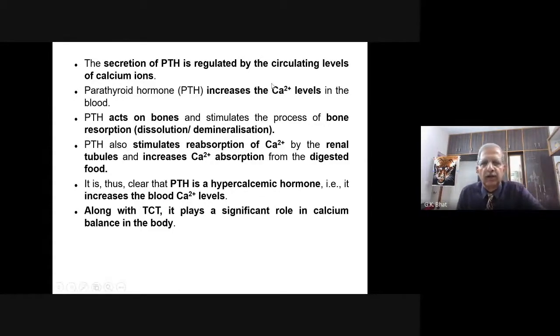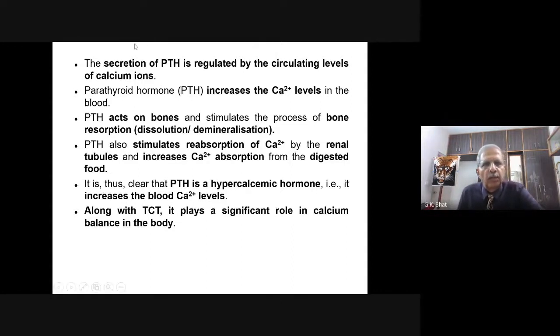The secretion of PTH is regulated by the circulating levels of calcium ions. In our last class, we have seen that whenever calcium level is more in the blood, thyroid gland secretes calcitonin hormone, which brings down the calcium level in the blood.